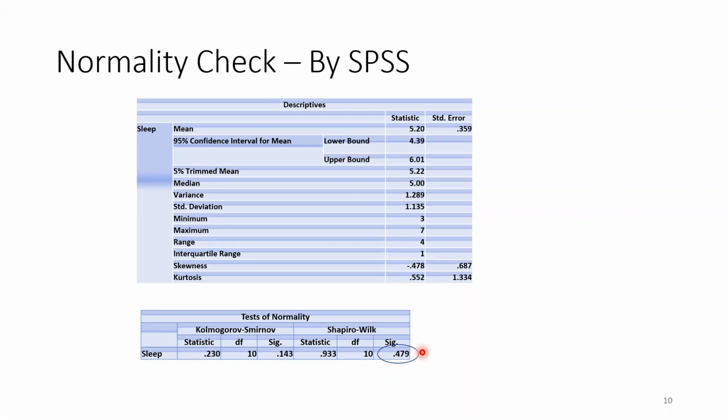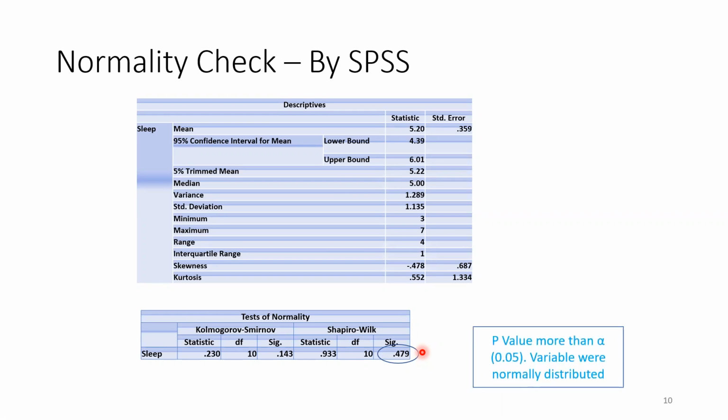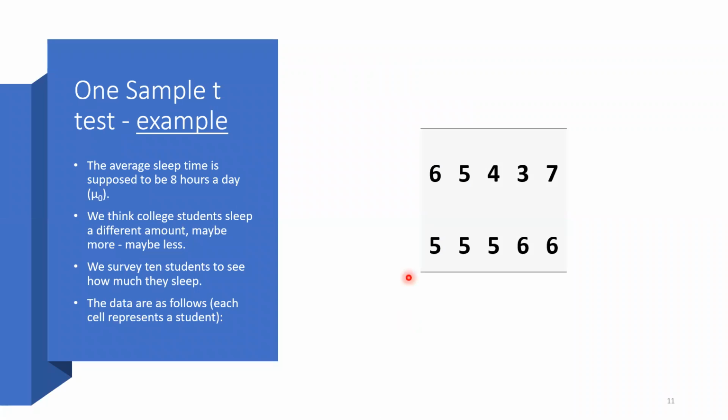Here, our value is 0.479, which is more than 0.05. It implies that the sleeping time follows a normal distribution. This Shapiro-Wilk analysis gives us the green signal to apply the one sample t-test.